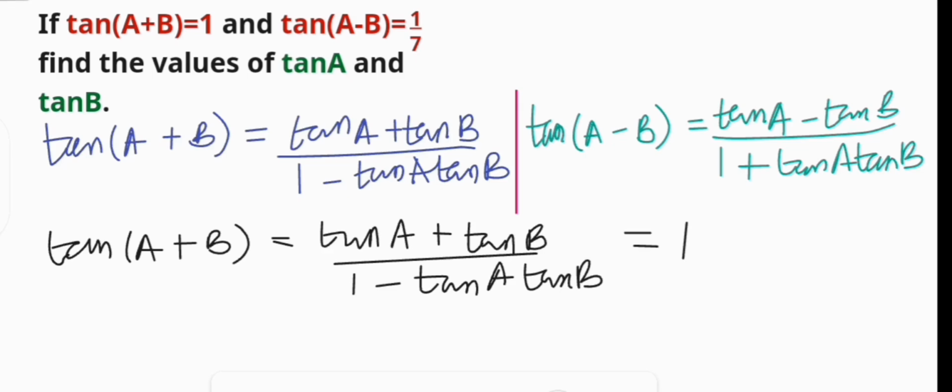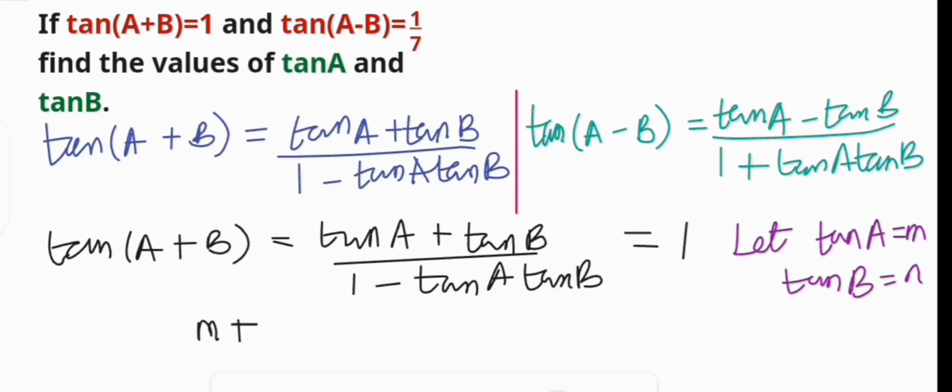Now we are going to let tan A be M, and we designate tan B as N. This simply means that the tangent of the sum of the angles A plus B becomes M plus N over 1 minus MN, and this is equal to 1.